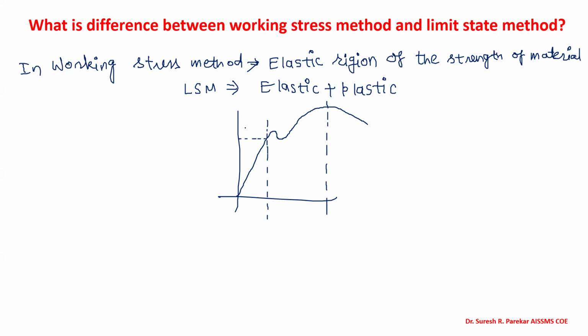So we are considering the elastic as well as the plastic region, which is also known as strain hardening. Already you have seen this in MOS. So elastic plus plastic will be in limit state method.